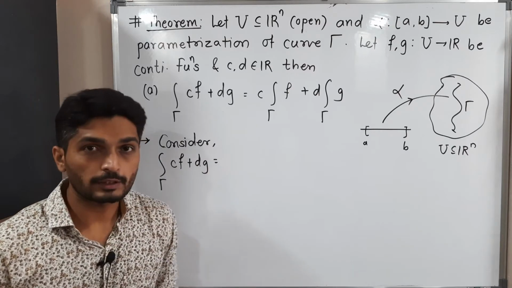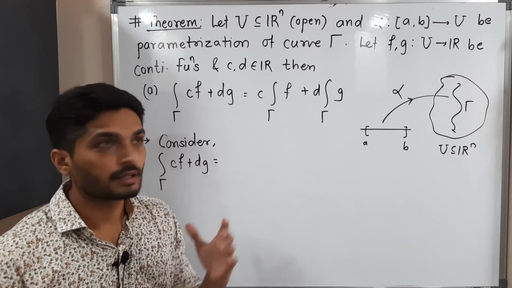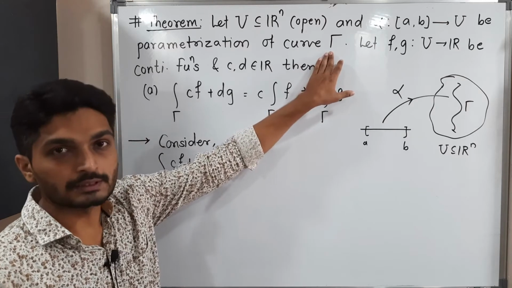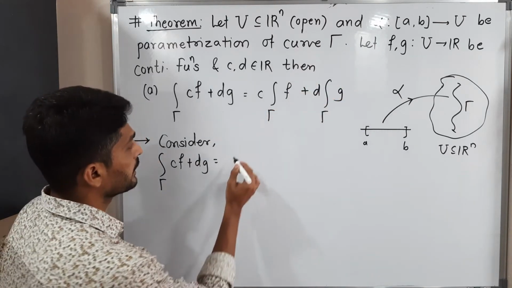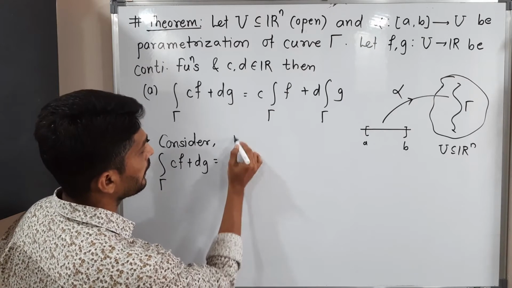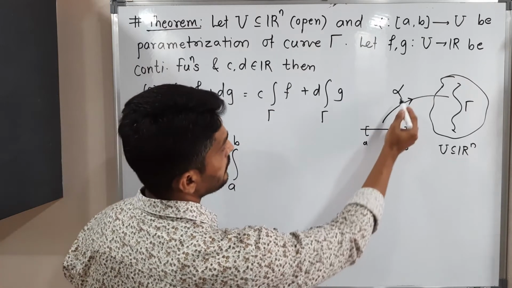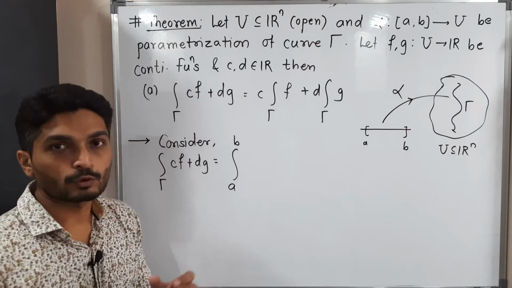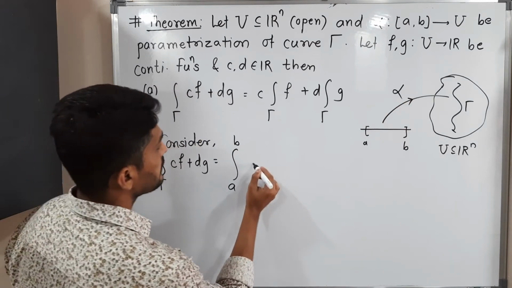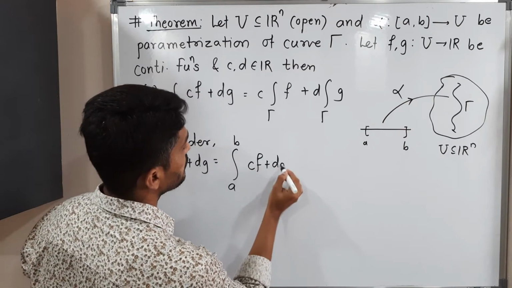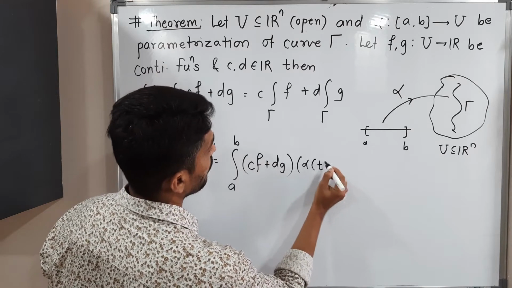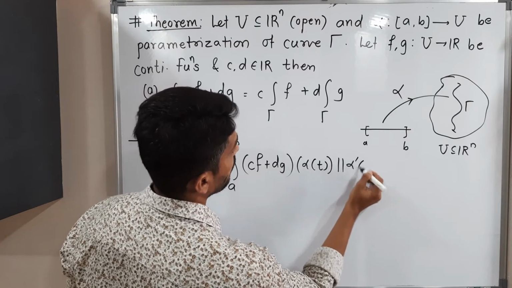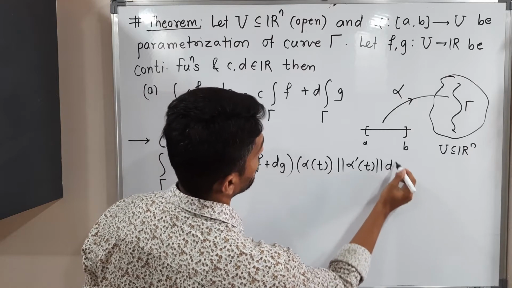So you know the definition. If f and g are functions and gamma has a parameterization alpha, then we write it in this way: integration a to b, since the parameterization alpha is defined on the closed interval ab, of cf plus dg of alpha of t, norm alpha dash of t dt.